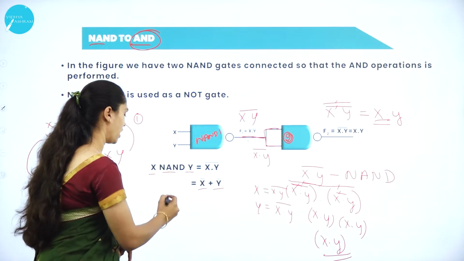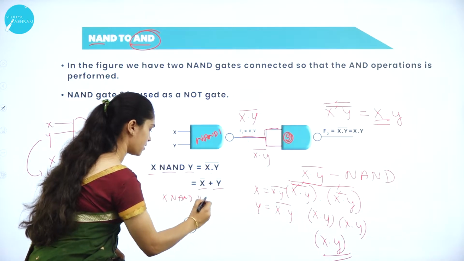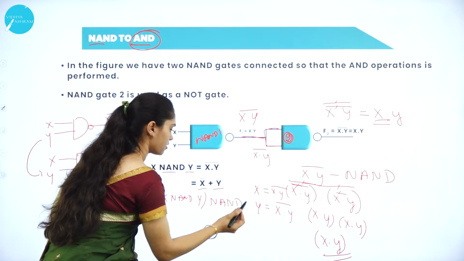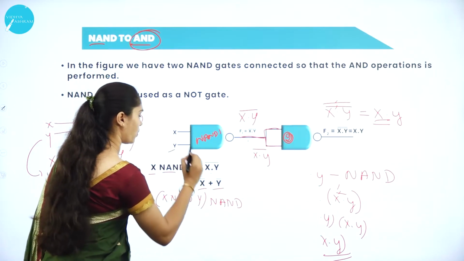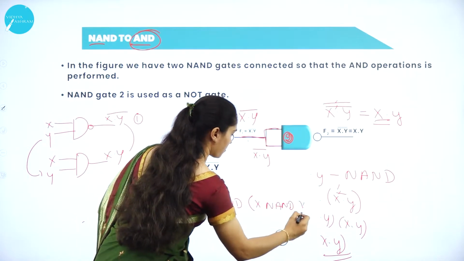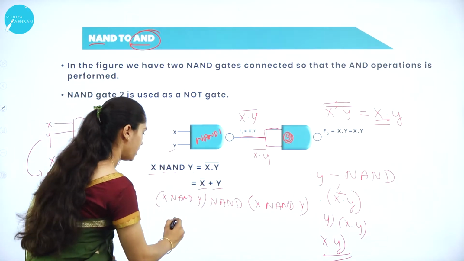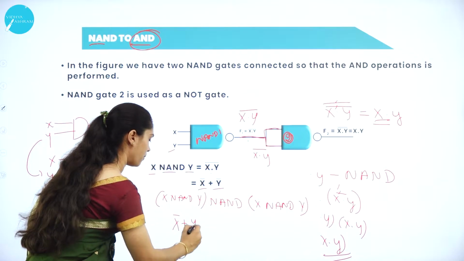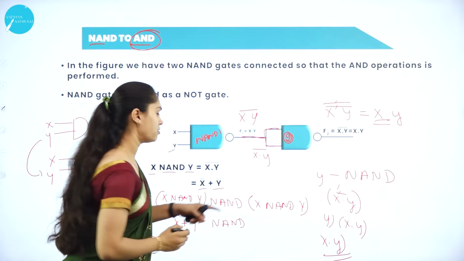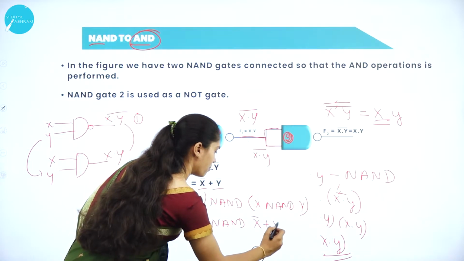Now I have two inputs: x NAND y is one input, and we have one more, x NAND y. What does x NAND y represent? It represents x bar plus y bar.